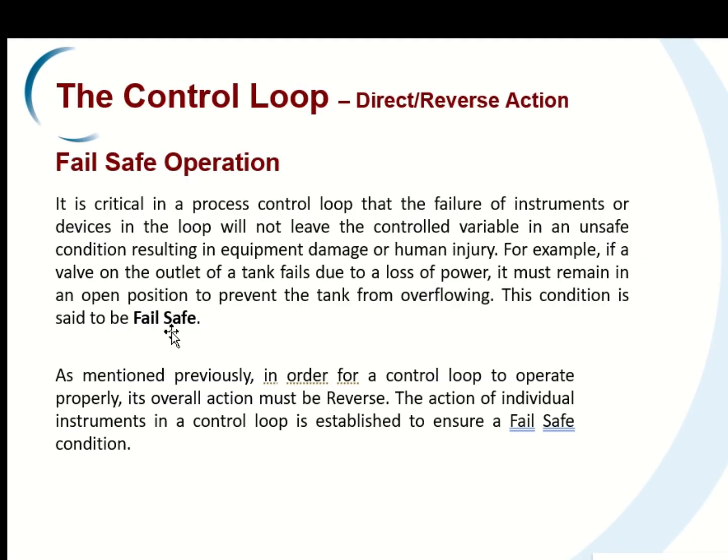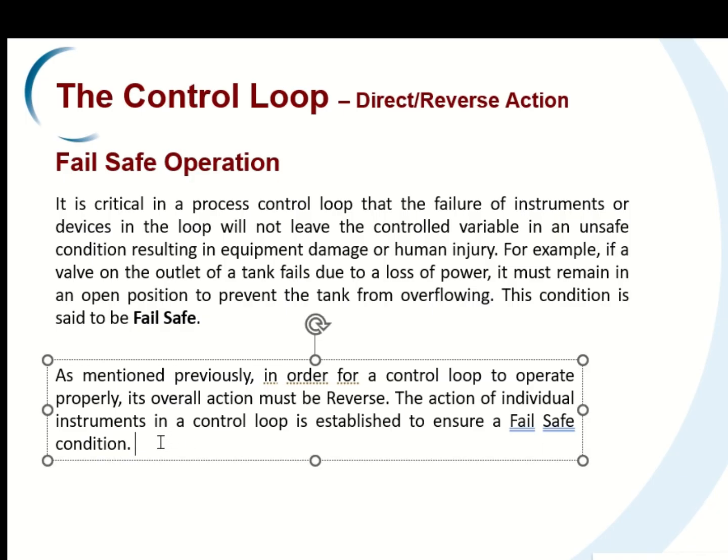So that's a fail-safe position. As mentioned previously, in order for the control loop to operate properly, the overall action must be reverse. The action of each individual instrument in the control loop is established to ensure a fail-safe condition.